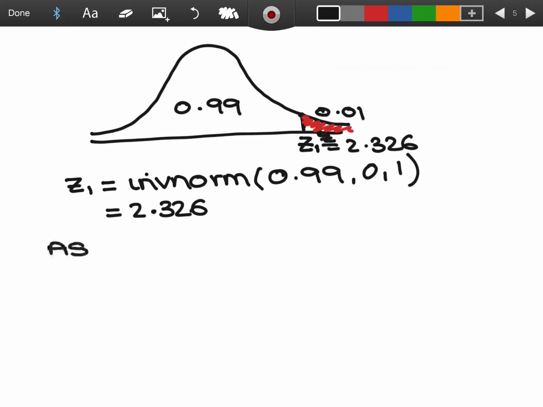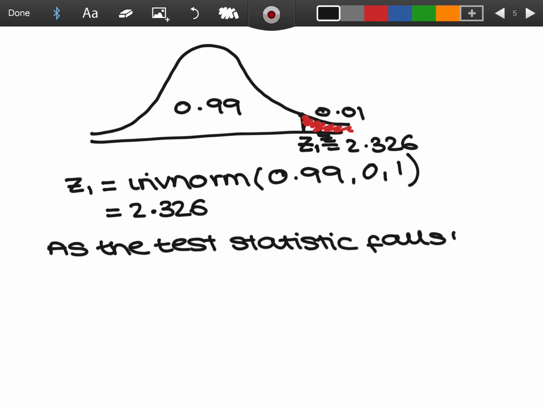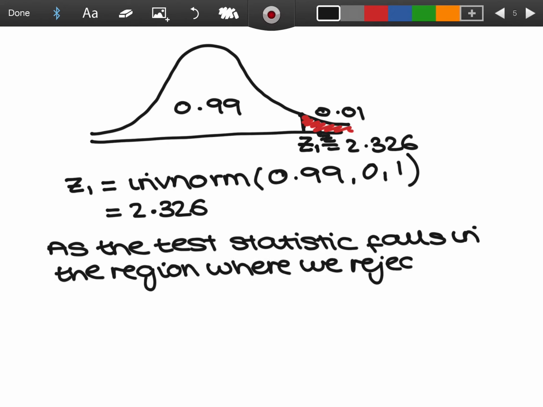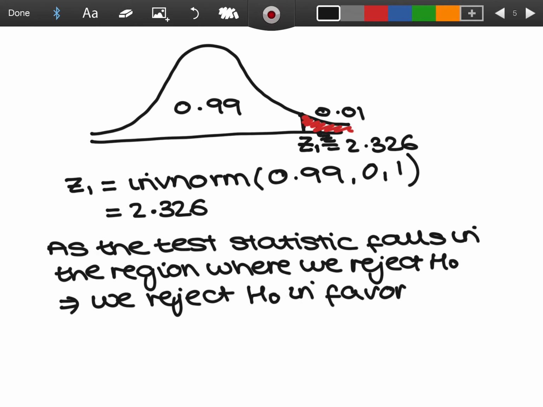So as the test statistic is in the rejection region, we reject our null hypothesis in favor of the alternative hypothesis.